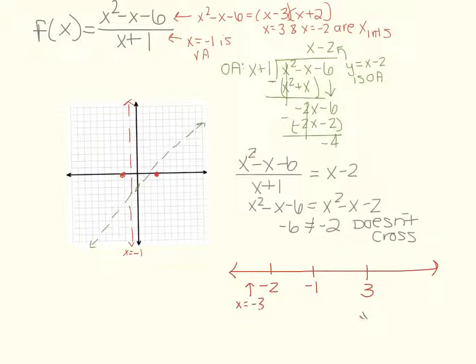We'll test -3 in this interval. We'll test -3 halves, which is -1.5. In this interval, we'll have our y-intercept, because we will test 0. And then in this interval, we will test 4.